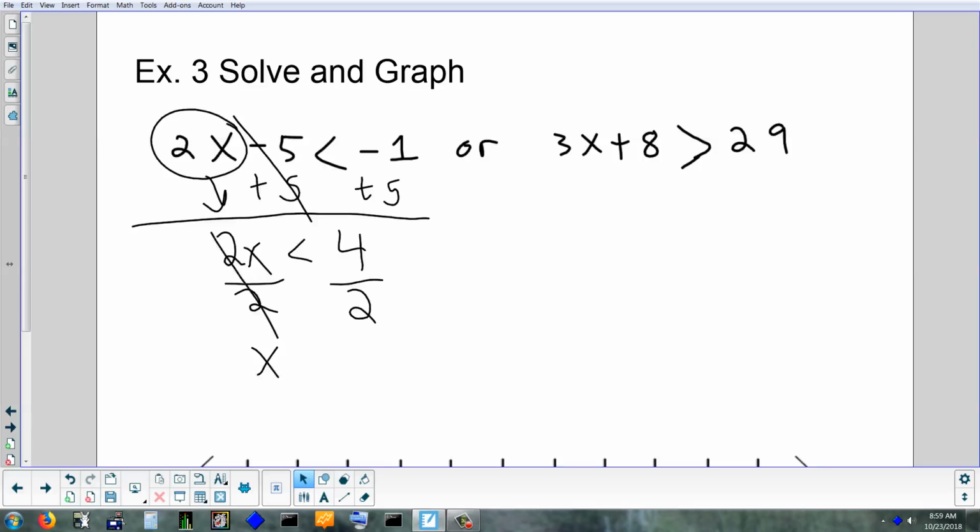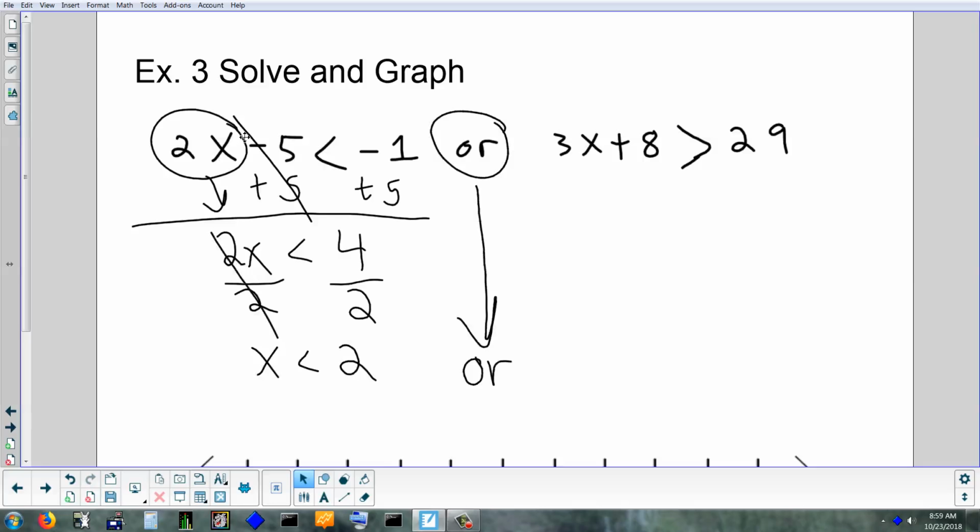I didn't divide or multiply by a negative, so my sign stays the same. 4 divided by 2, 2. I'm going to take the word "or" and just bring it down. That way when I solve this one, they'll all be on the same level. Same type of thing here. The only thing is my sign's different. Everything else is the same.